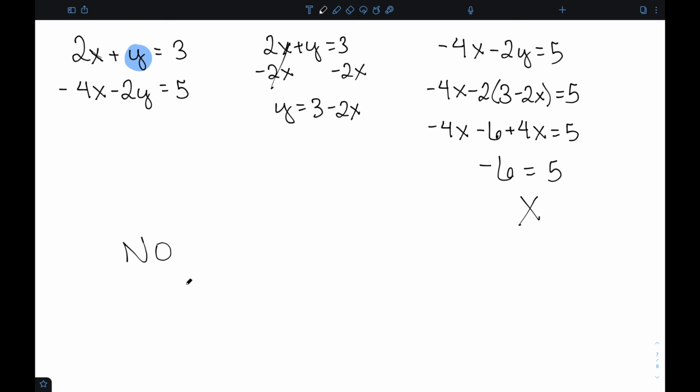This is the case where we have no solution. As we're solving these no solution situations, we'll end up with these false statements like negative 6 equal to 5 or 2 equal to 7. And if we ever get this where all of our variables cancel and we're left with a false statement, it tells me I'm going to have no solution.